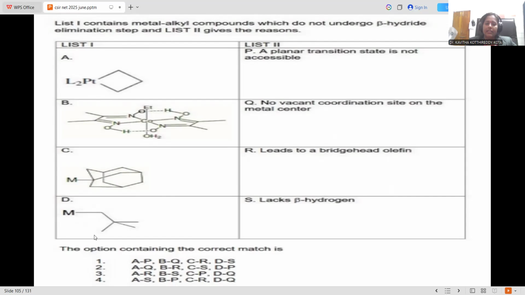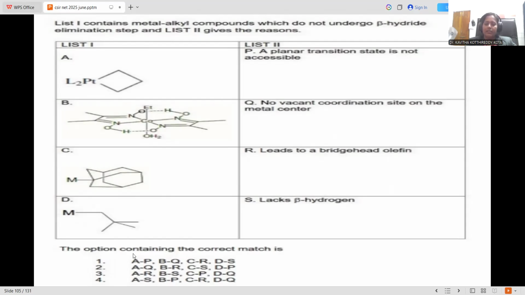If you go with D, the metal is linked with the alkyl chain where the beta carbon lacks beta hydrogen atoms. Beta carbon hydrogens are absent. That's the reason why beta hydride elimination is not possible. D with S. So direct reasons are manifested. A with P, B with Q, C with R, D with S is provided in option number 1 only. So for this question, option number 1 is the correct answer.